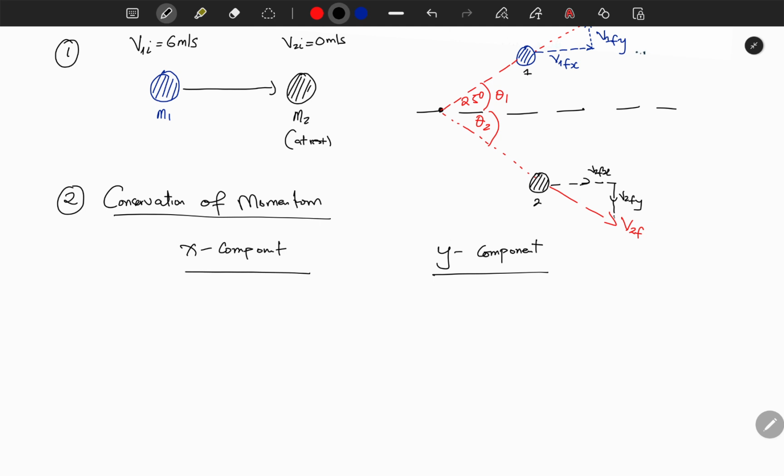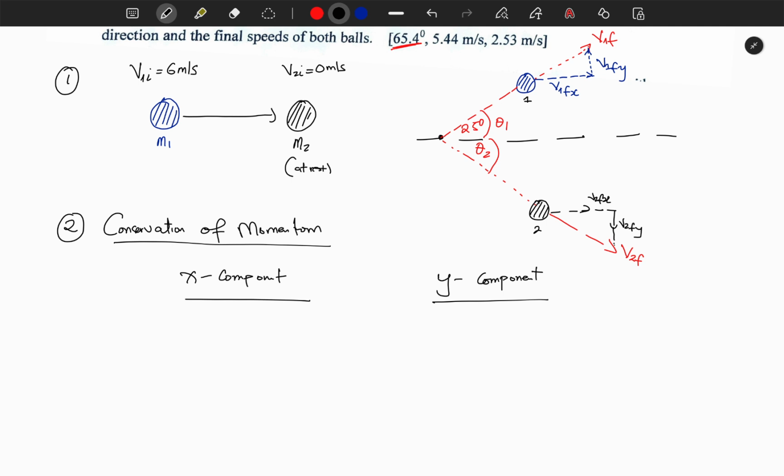So we'll look at the x component itself. Let's look at the first ball. The first ball is having a motion in the x direction. This one is at rest, so it is neither moving in the x nor in the y, just like that in the beginning. So this is the initial stage, and this is the final stage. Remember that the conservation of momentum before and after should be the same.